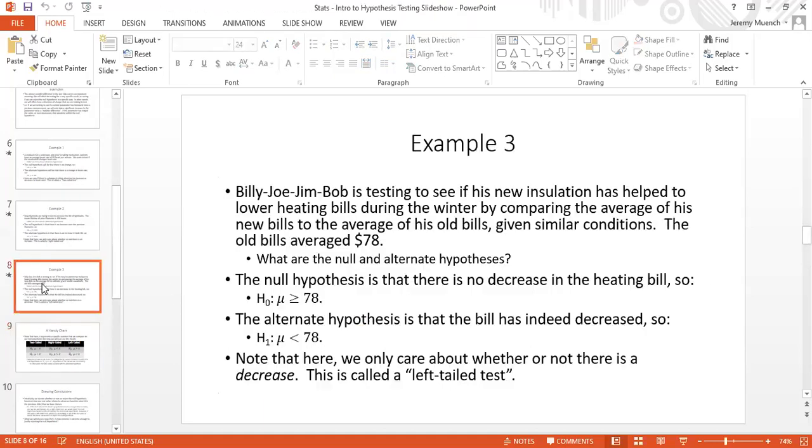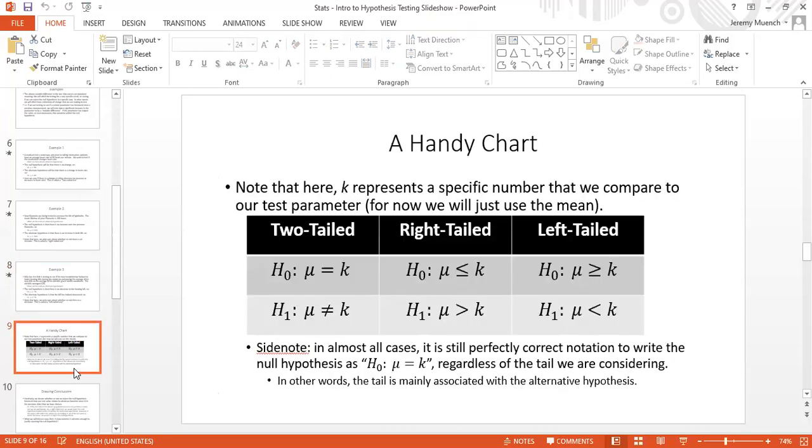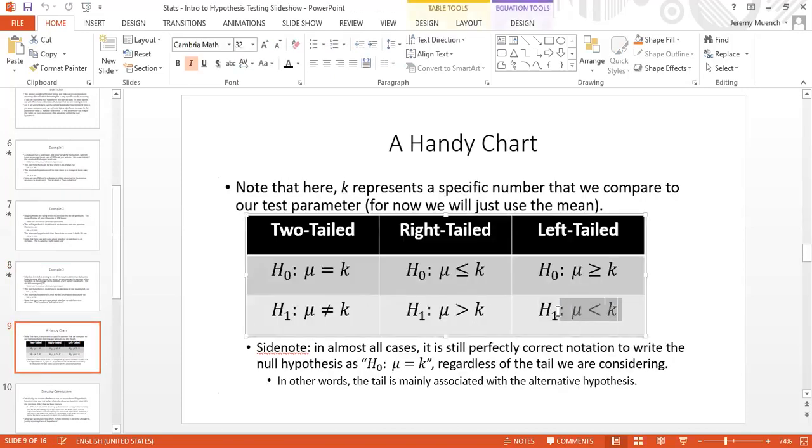And finally, if we're testing to see if there's a decrease, then the alternative hypothesis is that there is a noticeable decrease, that the mean is noticeably lower than whatever baseline we had, and the null hypothesis is that the mean is not lower than that baseline. So the mean is equal to or greater than that baseline.